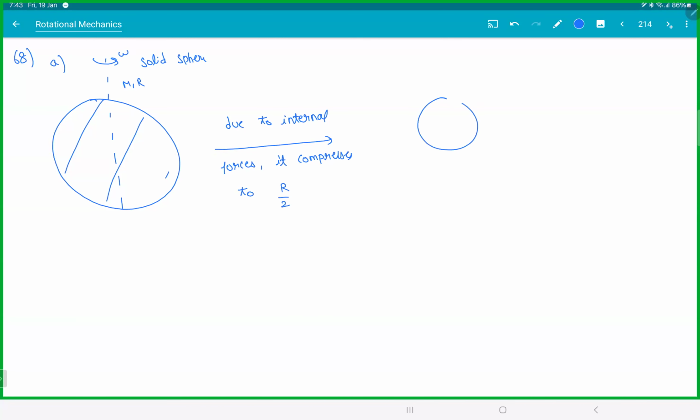Mass remains the same. Find omega dash. Easy one. Now we are conserving angular momentum in rotating bodies.